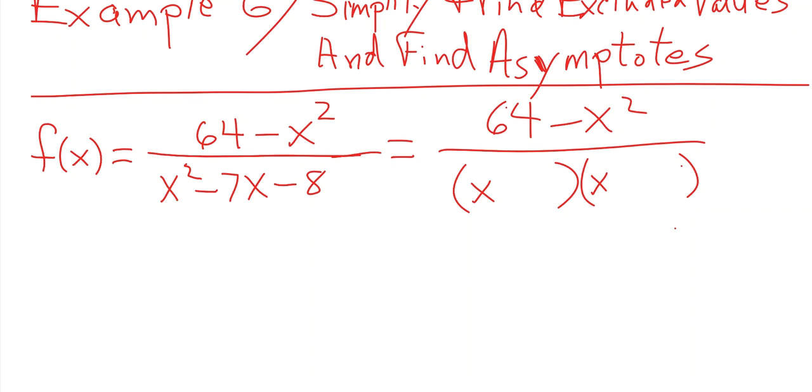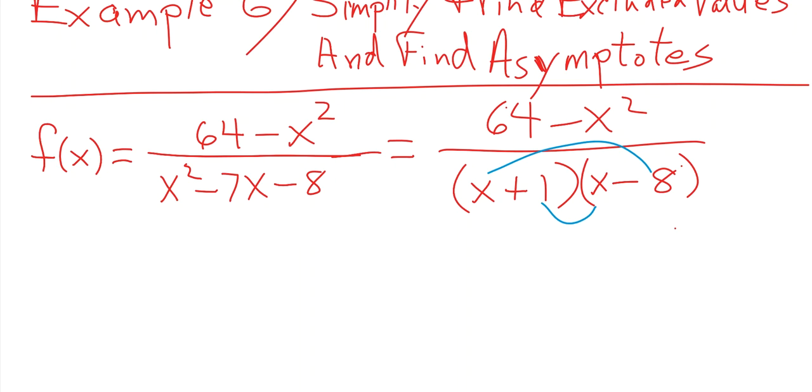So the larger of the two, 8 and 1, should be negative, so we want minus 8x plus 1x. So let's go plus 1 and minus 8. Notice the outer right here, minus 8x, the inner plus 1x, and the sum of minus 8 and plus 1 is minus 7. So that's how we're going about this.